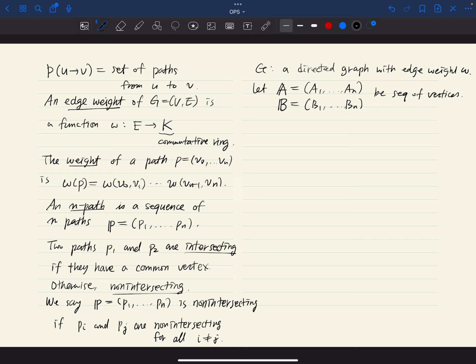We fix some n vertices and another n vertices like that.